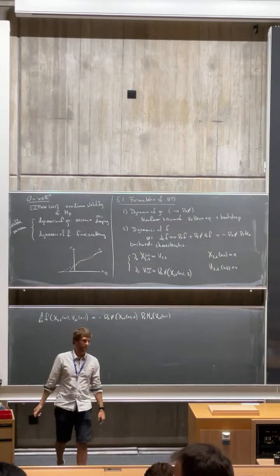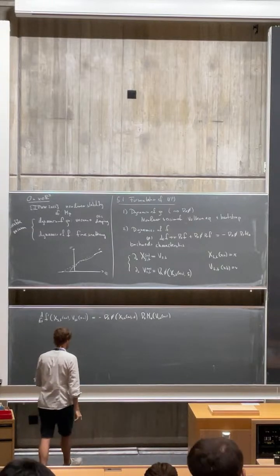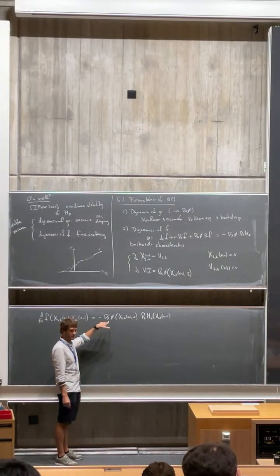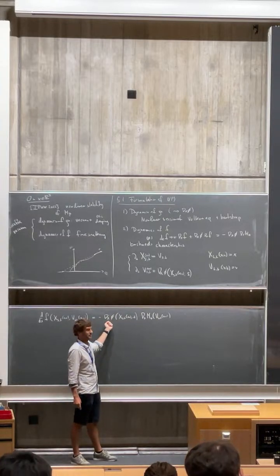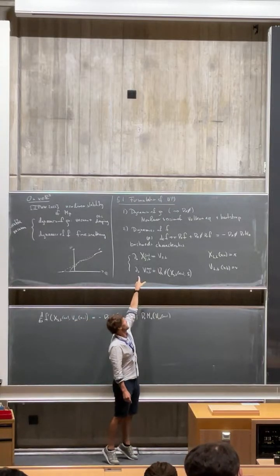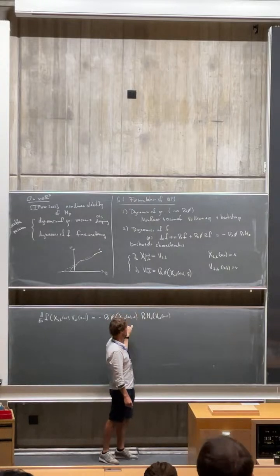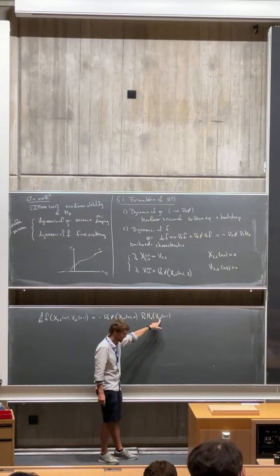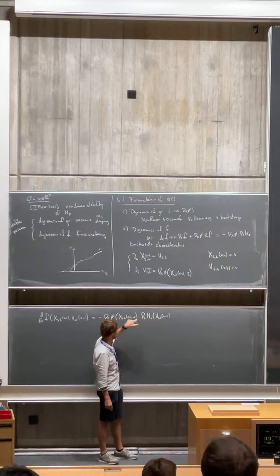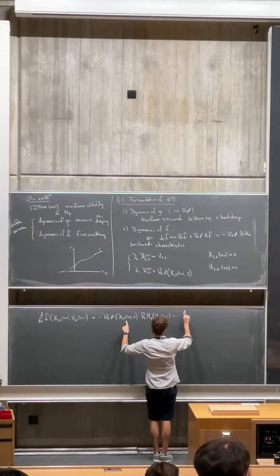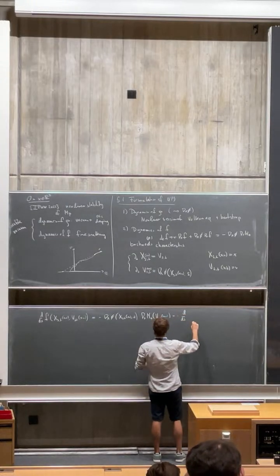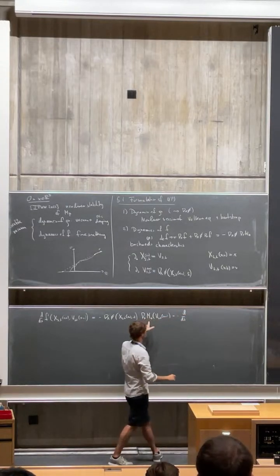I'm writing this in detail because we get a nice formula at the end. In particular, you'll see that this is exactly the time derivative in s of V. So here, there's a derivative. This is precisely minus the derivative of just m0.